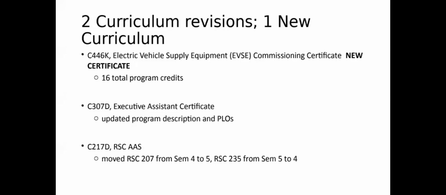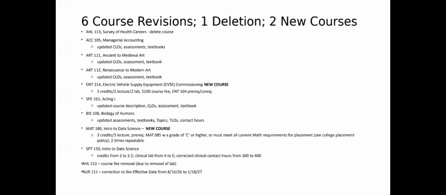The managerial accounting was up for the IAI review, and so we updated some things, including the syllabus, including the text, some of the learning outcomes, and some of the assessments, including the formative, summative assessments and the indirect assessments for the 5-year review. So it was updated with those items.